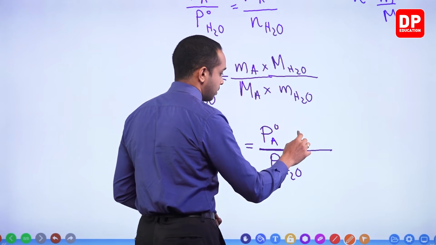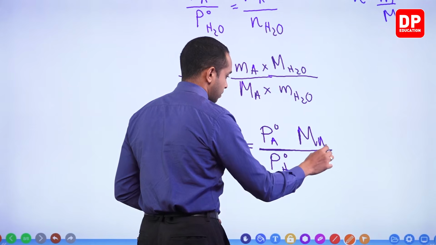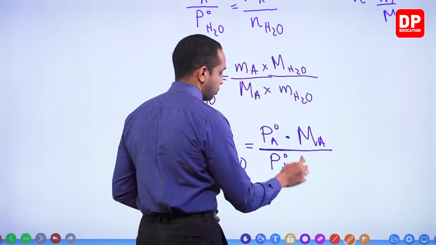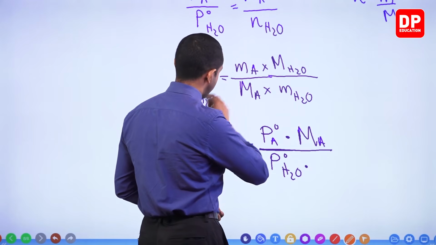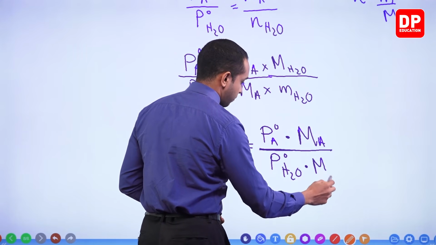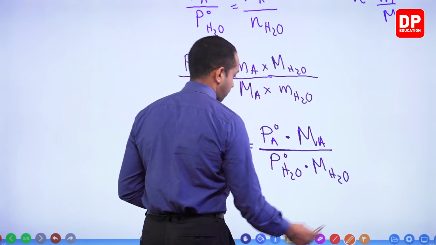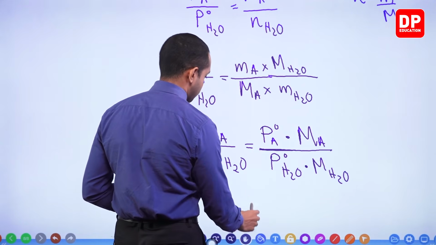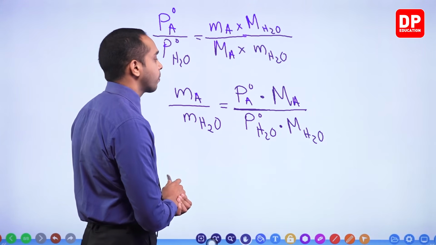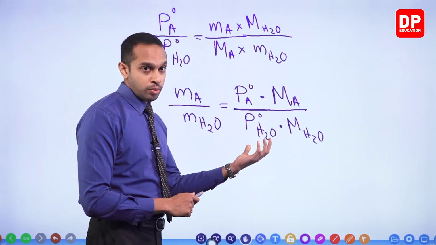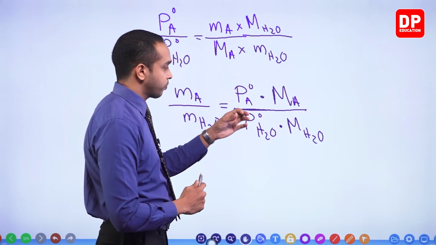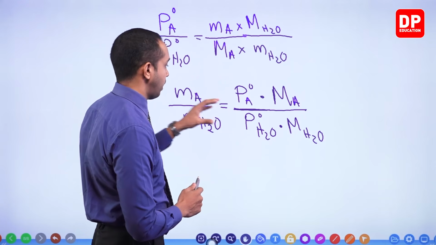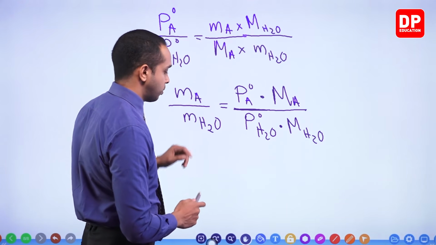Ma goes up here, and you have MH2O coming down here. So this is the expression. We developed this expression earlier as well, but the only difference in this particular question is we are going to apply this with correct values and find the correct ratio.